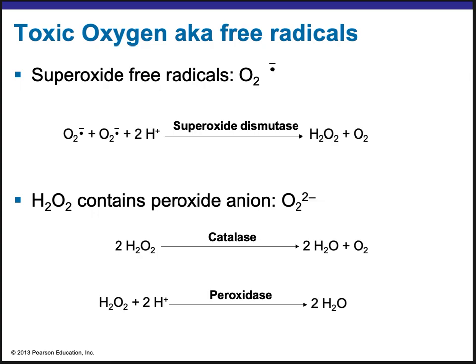But the reason you get those bubbles that form in your wound is because you have lots of catalase enzyme within your blood and your cells. And so you rapidly turn the hydrogen peroxide into water and oxygen, because it would also be harmful to your own cells if you didn't have catalase.